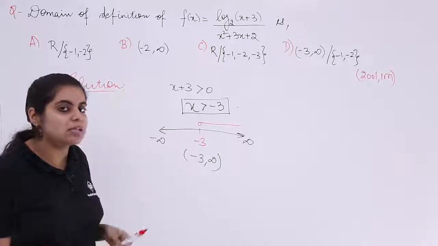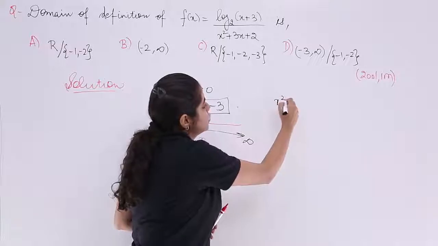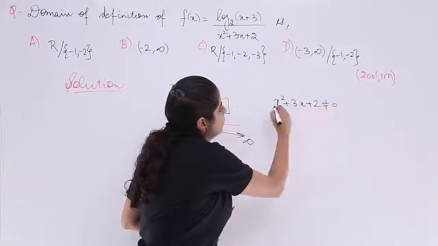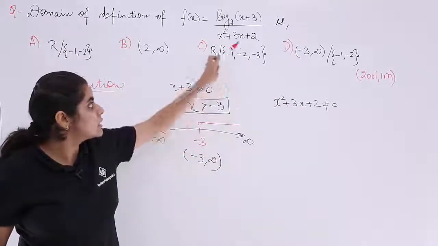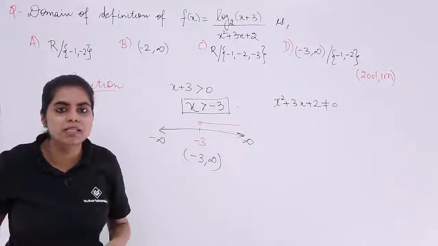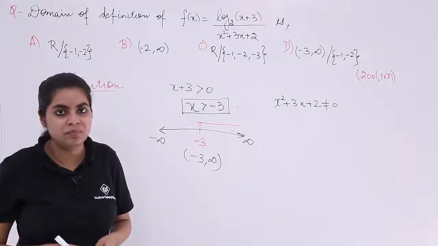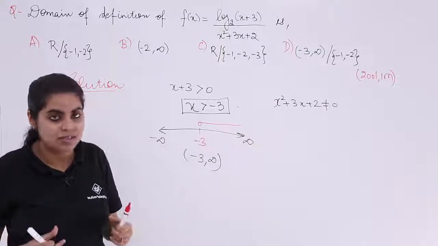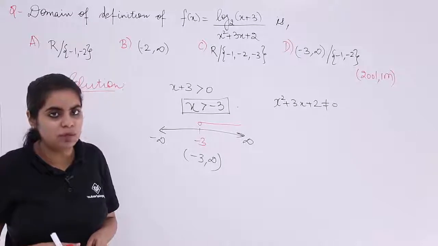So that means my denominator x square plus 3x plus 2 should not be equal to 0 in any circumstance. Because if this is 0, I have the denominator 0, and if I have the denominator 0, the value is not defined.